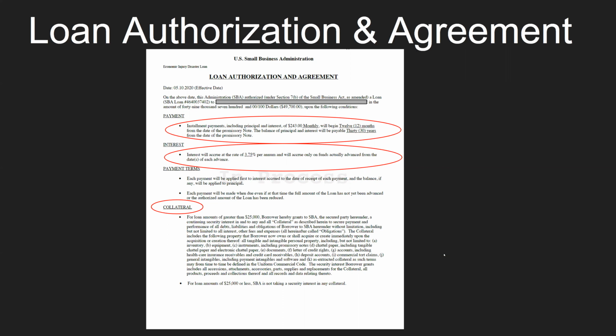And the second bullet point identifies that for any individual that accepts a loan amount of $25,000 or less, the Small Business Administration is not taking a security interest in any collateral. So for those of you that do have current debts already established, it is something to consider and to take into advisement through your financial planning, the amount in which you would like to borrow against this loan.